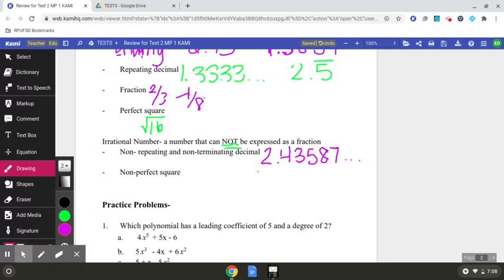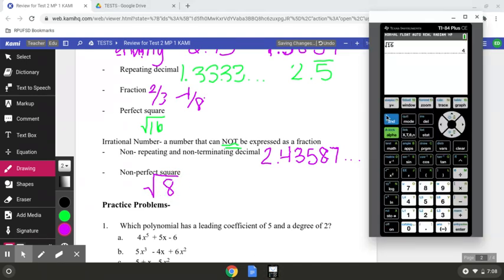It's crazy. The second part here is non-perfect squares. So if I did the square root of 8, and I just want to show you this in the calculator, second x squared, and then I put in my 8, I get 2.828427125. So this is a decimal, right? It kind of fills up my whole calculator screen in terms of it's maxed out the spacing.